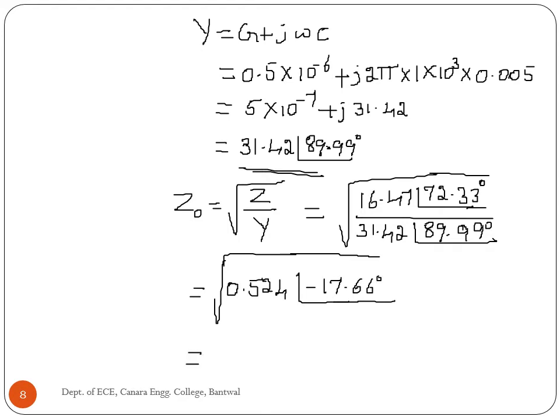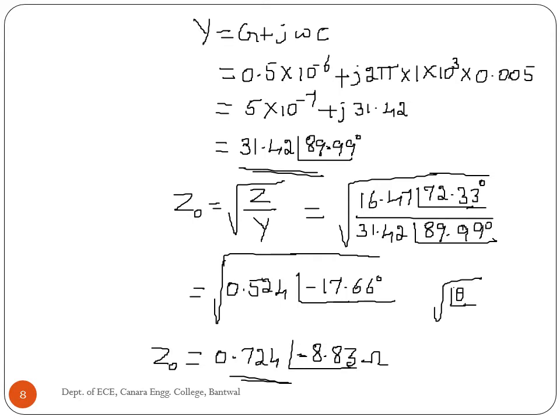So square root of 0.524 is equal to 0.724, and square root of the angle minus 17.66 degree is minus 8.83, which is equal to Z0. So square root of angle theta is equal to theta by 2.